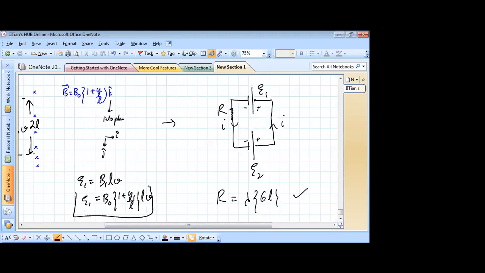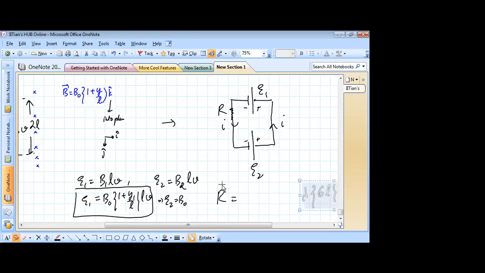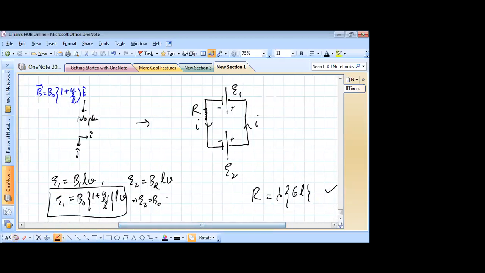So that's your E1. And likewise your E2 will be B2 L v, which will become B naught, 1 plus y2 by L, into L v.